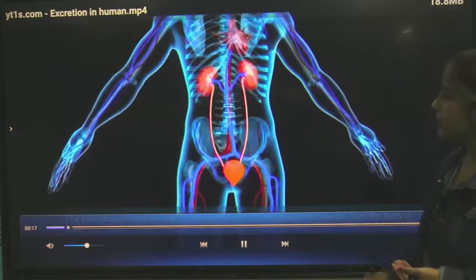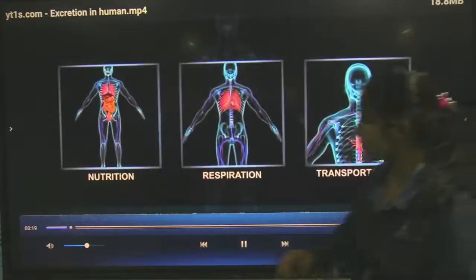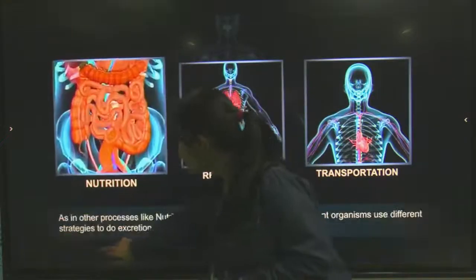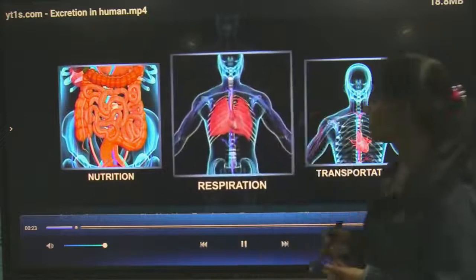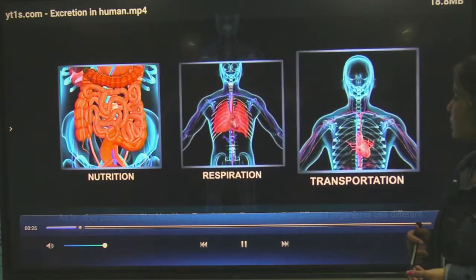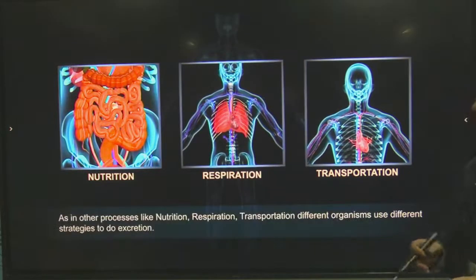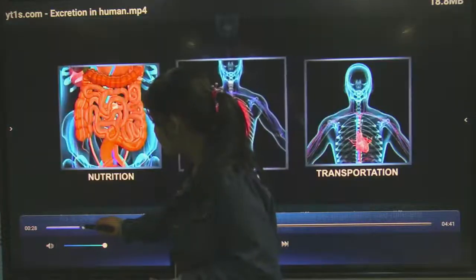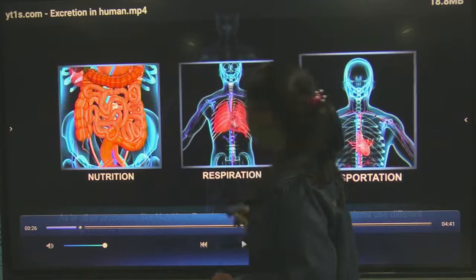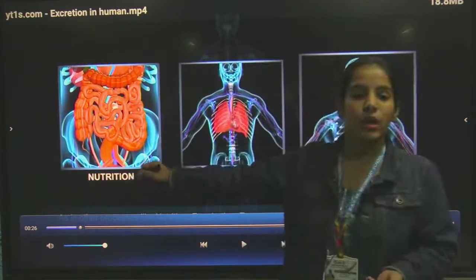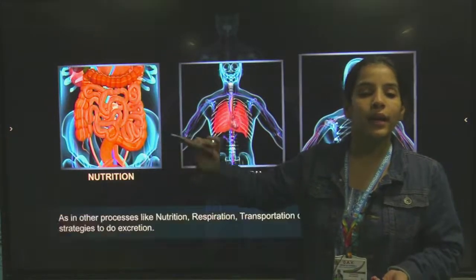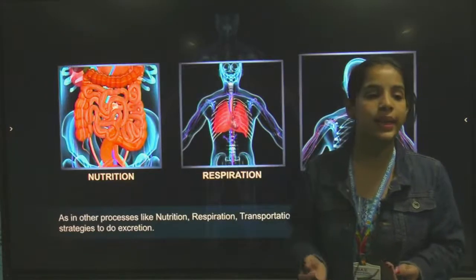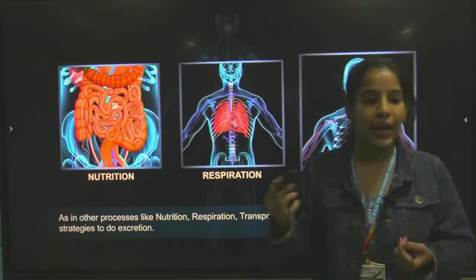It's called excretion. As in other processes like nutrition, respiration, transportation, different organisms use different strategies to do excretion. In nutrition, class, the feces are excreted with the help of the large intestine, rectum, anus.